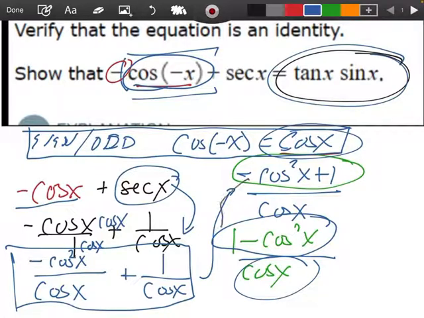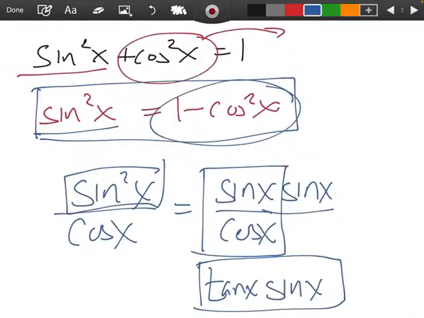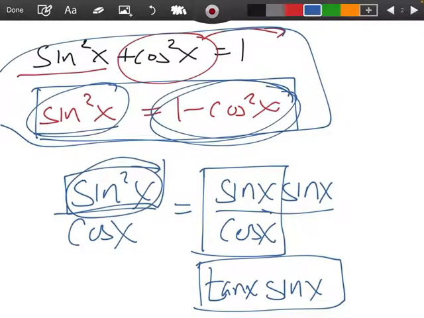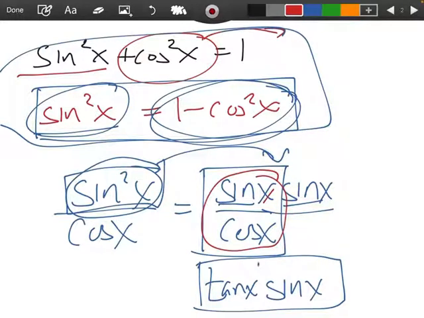We went to this step here. We just switched our terms. Then we used our Pythagorean identity up here to say, if I have a 1 minus cosine squared x, that's the same thing as a sine squared x. And then I broke up sine squared x into a sine x with another sine x. And then one more time, we used a quotient identity for sine divided by cosine to give us tangent. And that guy just came down here.